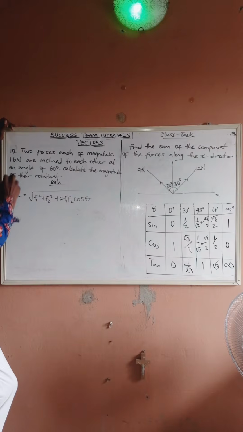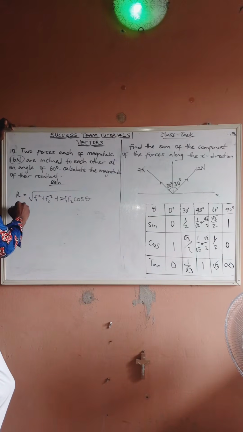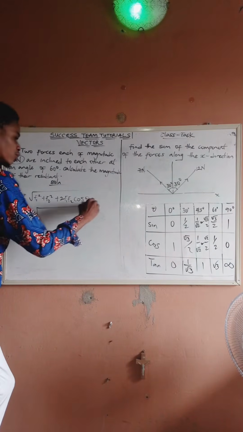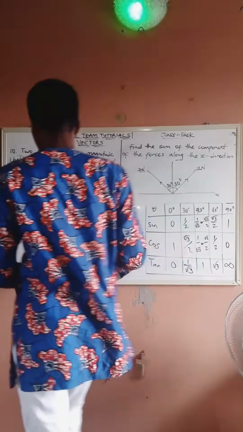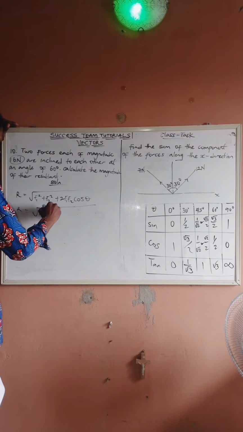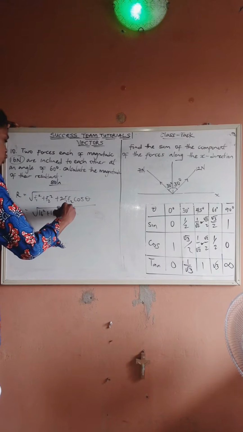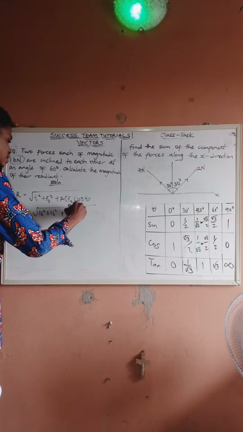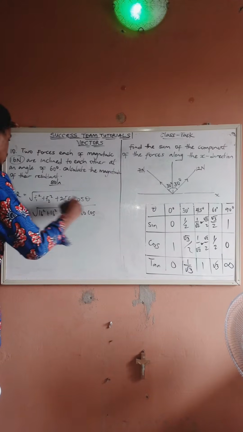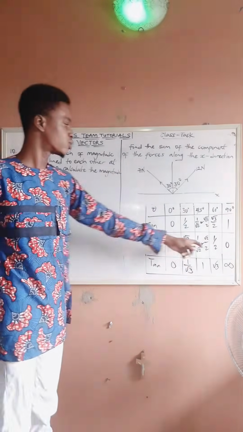Now in this case, F1 and F2 are both 16 Newton. It is said that each of them has 16 Newton. So R is equal to the square root of 16 squared plus 16 squared plus 2 times 16 times 16 cos 60 degrees, and cos 60 is 1 over 2.